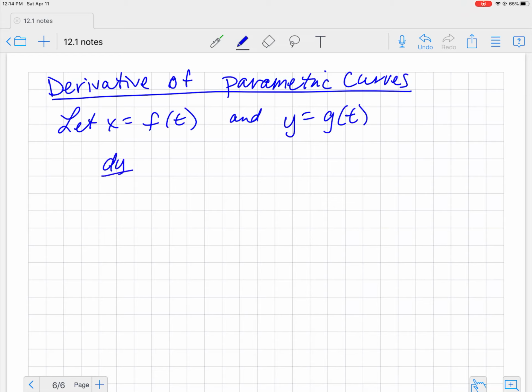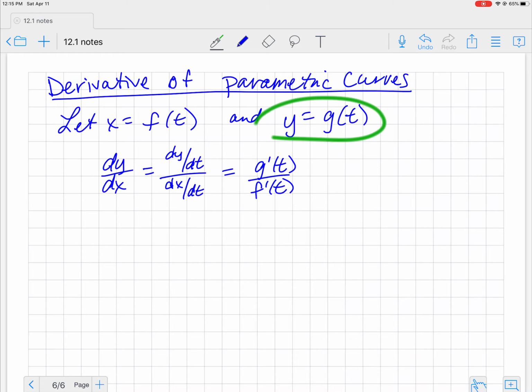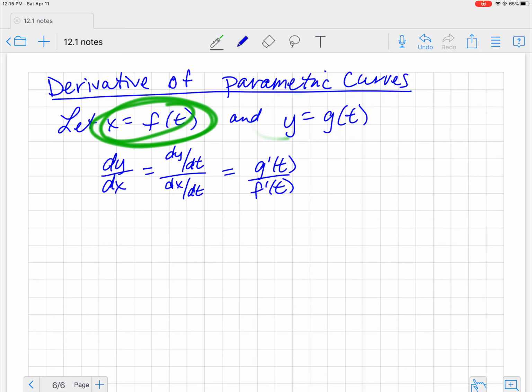So if I'm actually going to find my derivative dy/dx, but these are in terms of t, then it's dy/dt divided by dx/dt. Pretty sweet, right? So g prime of t over f prime of t. Basically you're just taking the derivative of your y and dividing it by the derivative of your x. The derivative of y over the derivative of x. That's it. How nice is that, right?